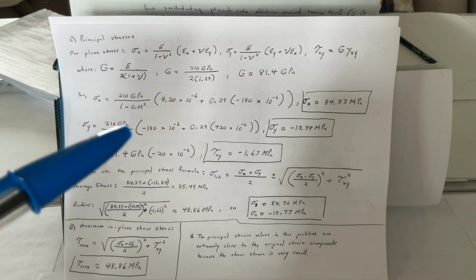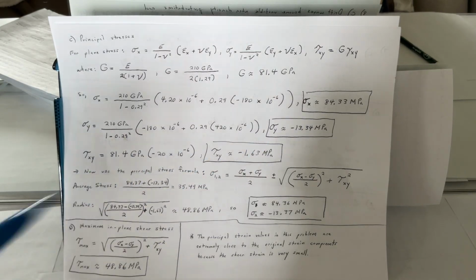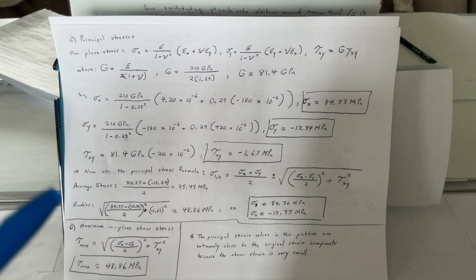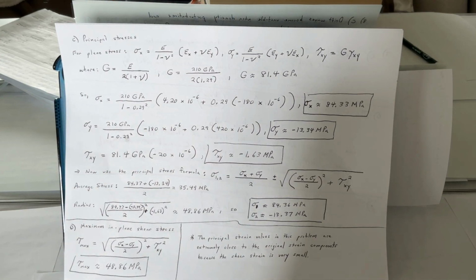Sigma sub y, 210 GPa over 1 minus 0.29 squared, multiplied by negative 180 times 10 to the negative 6 plus 0.29 times 420 times 10 to the negative 6. So our sigma sub y yields about negative 13.34 MPa. Our tau sub xy, that's 81.4 GPa times the quantity negative 20 times 10 to the negative 6, so about negative 1.63 MPa.